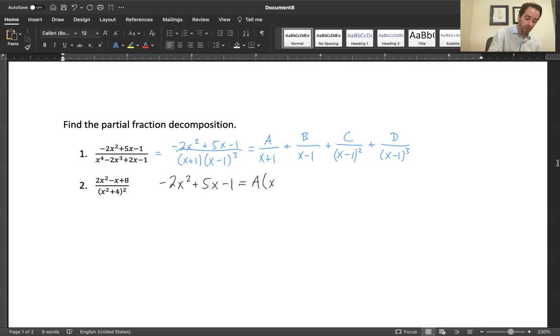A times x minus 1 to the third, plus b times x plus 1 times x minus 1 squared, plus c times x plus 1 times x minus 1, and then plus d times x plus 1 all by itself.